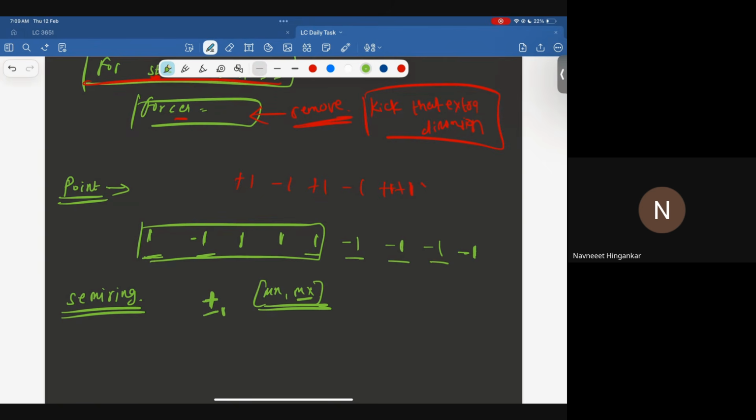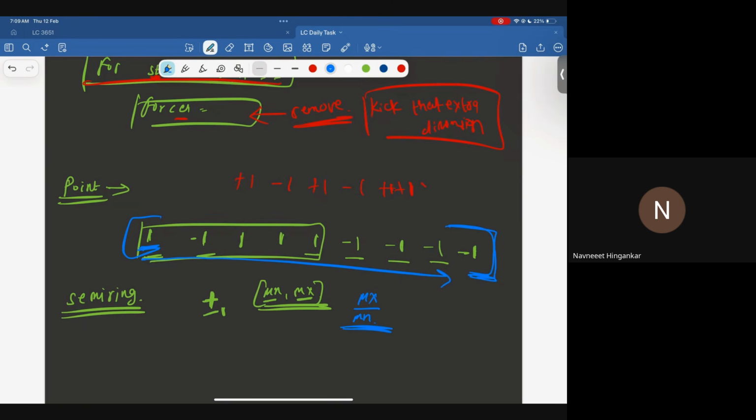This max is basically the maximum prefix sum and the min is basically the minimum prefix sum. So if I need to find, in this complete range starting from here, whether any subarray has sum equal to 0, all I need to check is until this point, what was the maximum I got and what was the minimum I got.